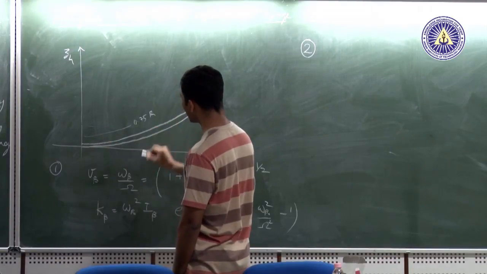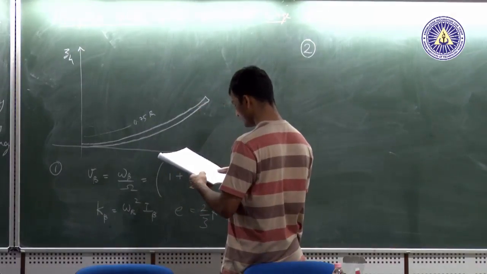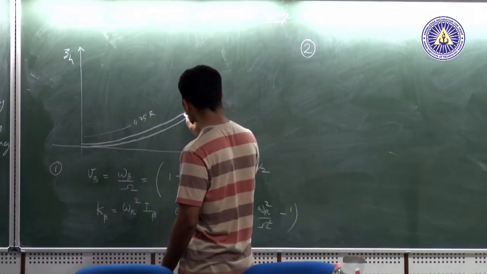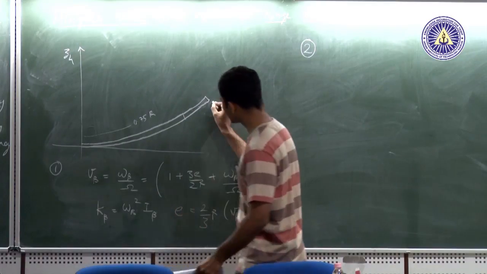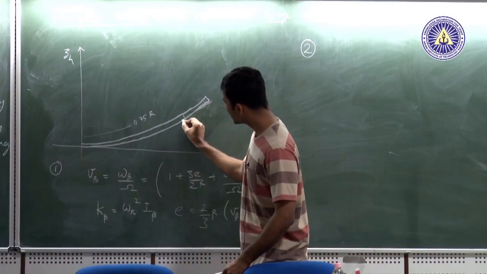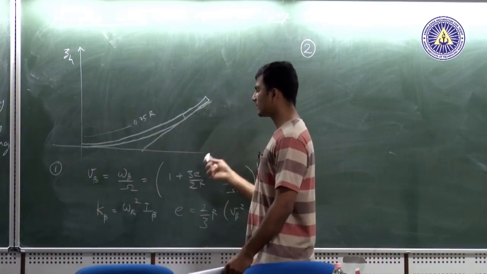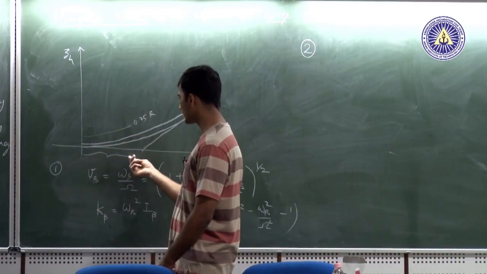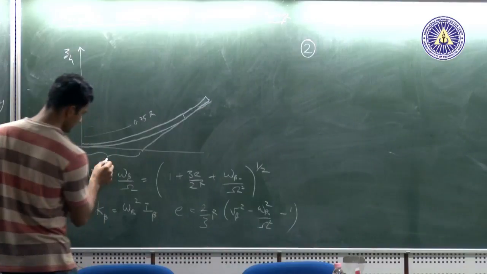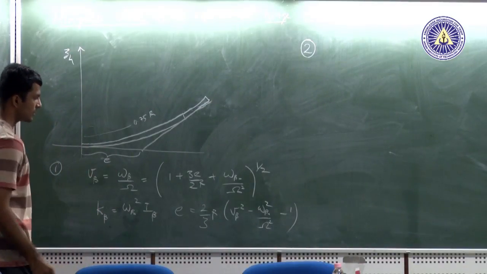Rotor length is denoted by capital R. I will take this point, and from this point I will draw a tangent to this blade. Okay. It will go and intersect this axis at some distance, and this whole thing is my E.